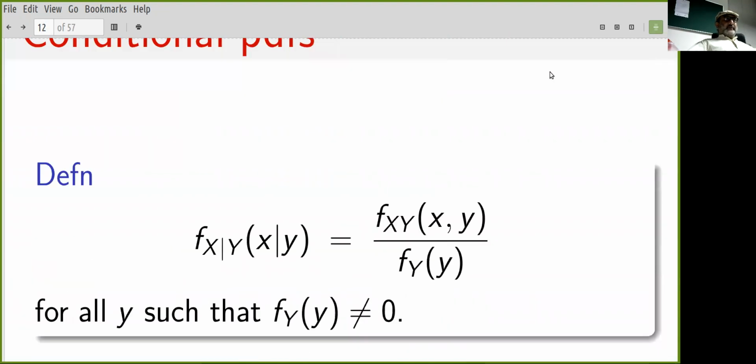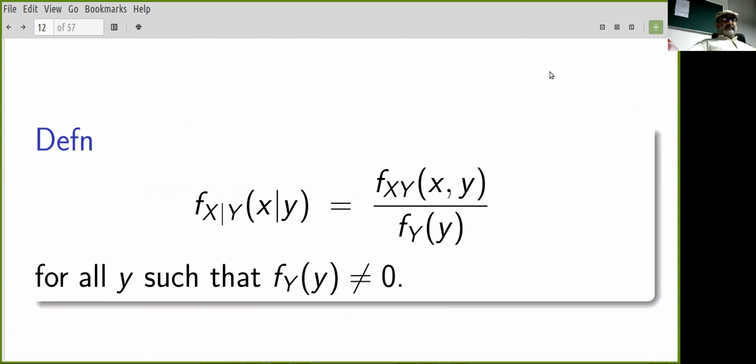Okay, so this is how you define a conditional PDF. You see it's the same as the definition for the conditional PMF. The conditional for x given y is equal to the joint for x and y divided by the marginal for y, provided that the point at which you're evaluating the marginal doesn't give you a zero value.